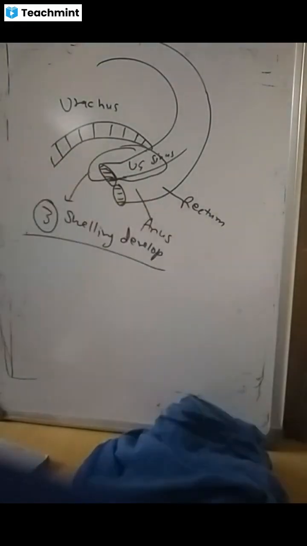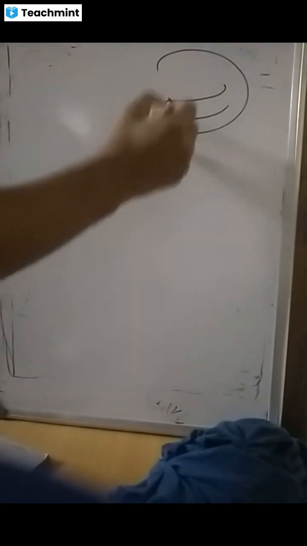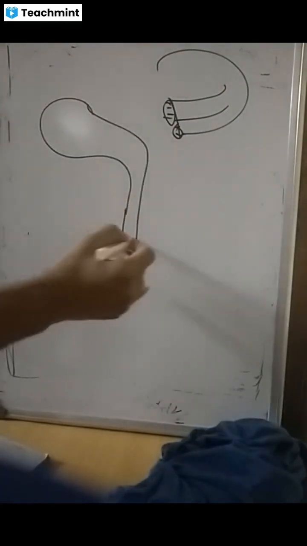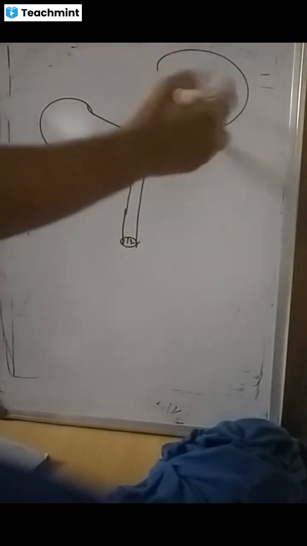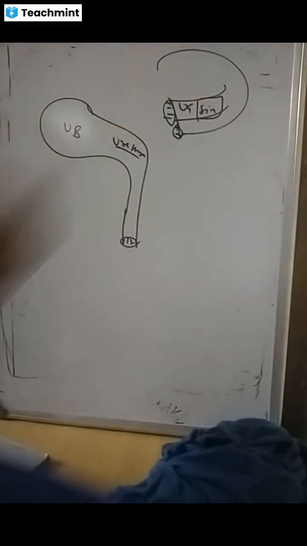Before going into these three swellings, I will explain what structures the urogenital sinus will form. This is the septum, your membrane and membrane. The urogenital sinus will form the urinary bladder and urethra.